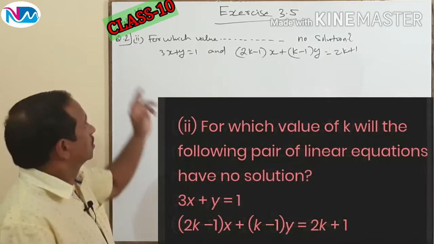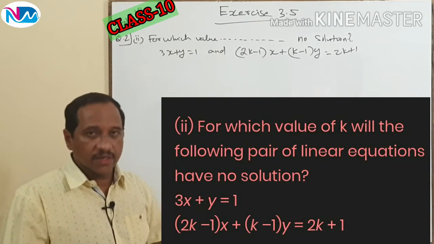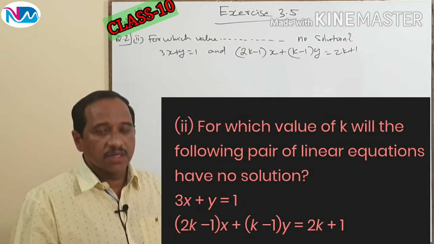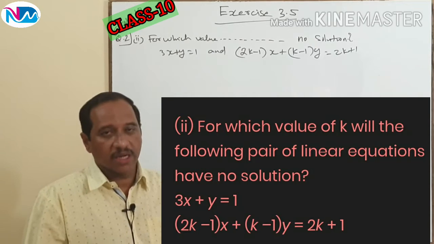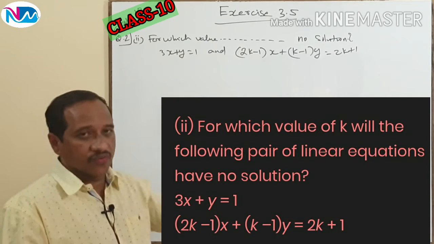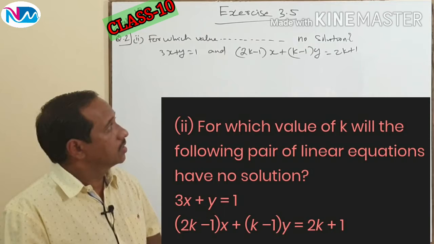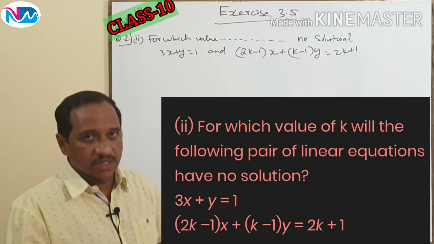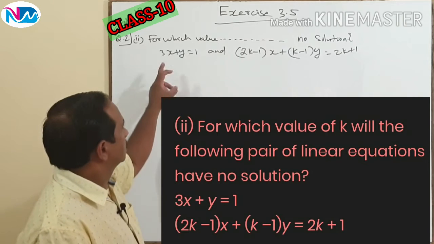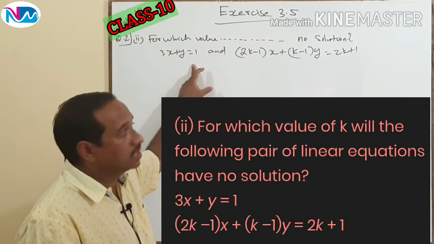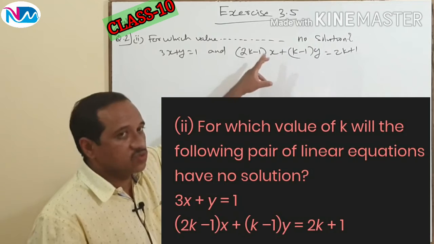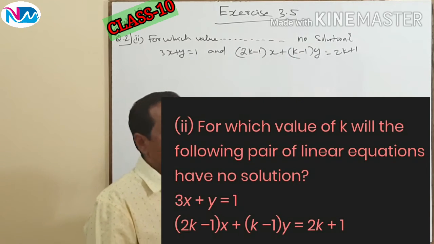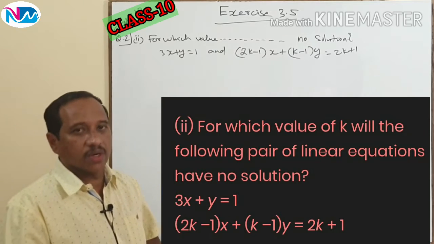The question is, for which value of k will the following pair of linear equations have no solution? The equations given are 3x plus y is equal to 1 and 2k minus 1 into x plus k minus 1 into y is equal to 2k plus 1.